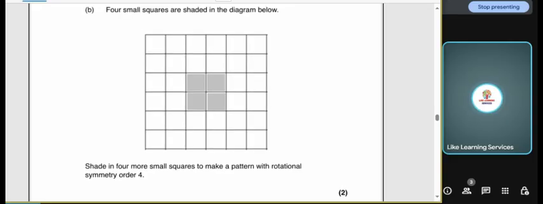I think you can attempt this one. Shade 4 more small squares to make a pattern with rotational symmetry of order 4.